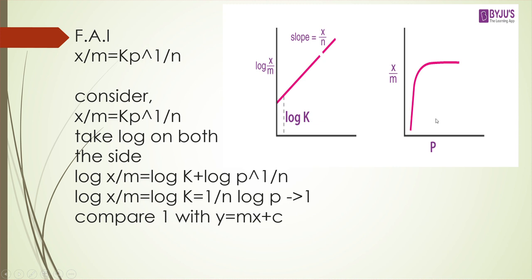As more and more surface is covered, the rate of adsorption decreases, hence at high pressure the graph becomes parallel to the x-axis. Thus, FAI is not applicable at high pressure. Now, consider the equation we have.